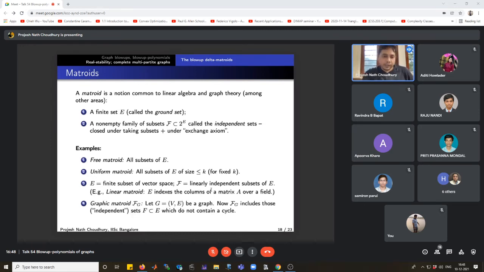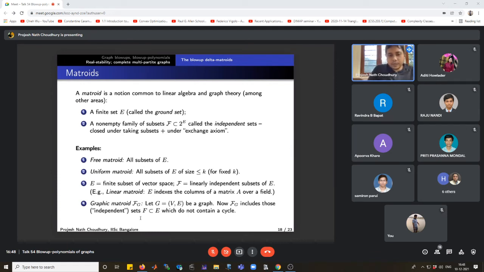And our final example is from graph theory. Take a graph G with a set E of edges, and we can take this set E as the ground set. We can define a matroid: any subset F of E is an independent set if and only if it is a forest, that means F doesn't contain a cycle. Okay, these are some examples of matroids.